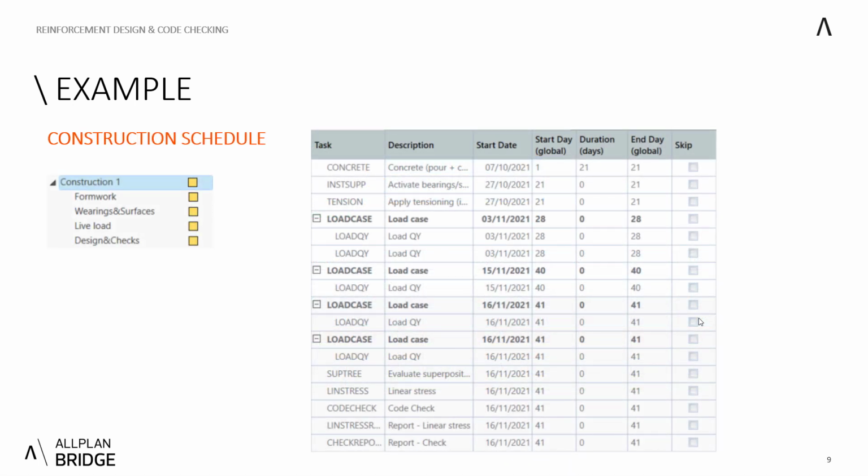A little bit about the construction schedule. It's a really simple schedule. So we have fresh concrete in the formwork for 21 days. Then we apply the post-tensioning. Therefore, the supports at the ends are activated. And then at 28 days, we apply the cornices. At 40 days, the railings.